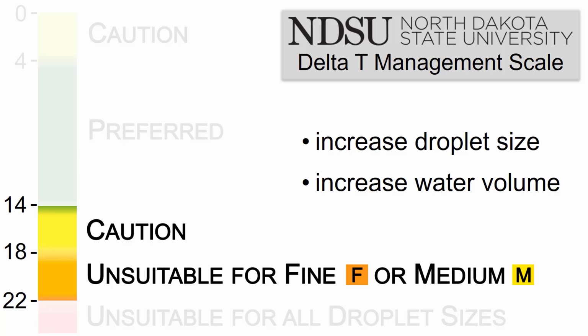So if you're using a product that would require fine or medium spray qualities, you really should strongly consider postponing the application of that product until conditions improve. Otherwise, up your droplet size and up your water volume to be able to maintain coverage while using those larger droplets.